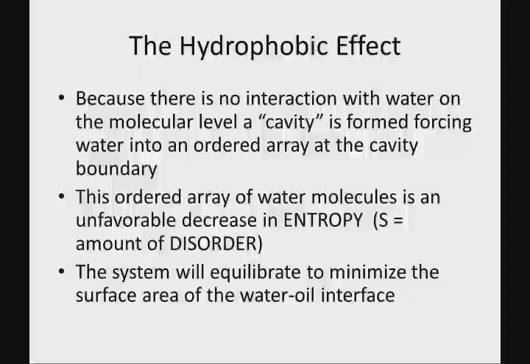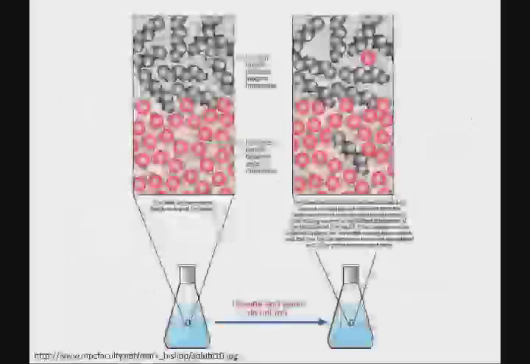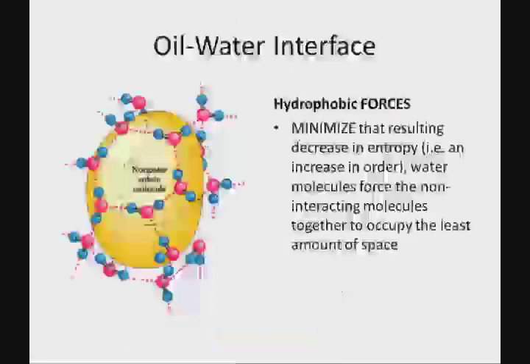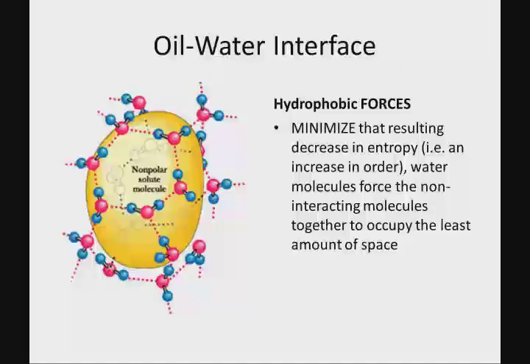So what we see then is the water, or all those molecules that are polar, want to minimize their contact with the molecules that are nonpolar, right? So literally, this is one of my favorite pictures to depict this. You force, in essence, all the hydrophobic or nonpolar molecules together to minimize the interface.